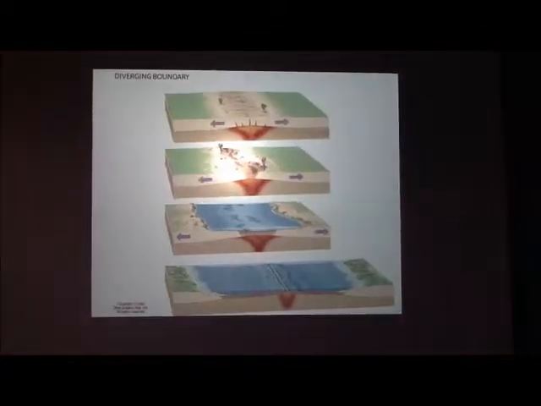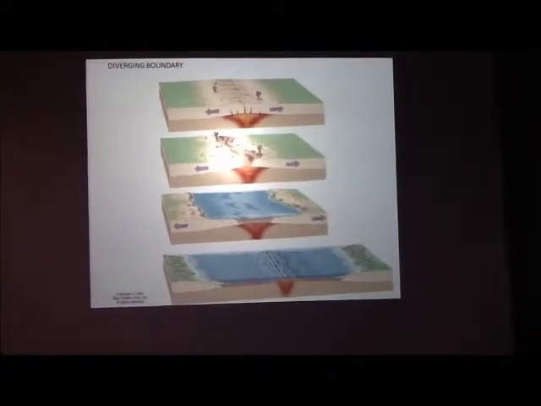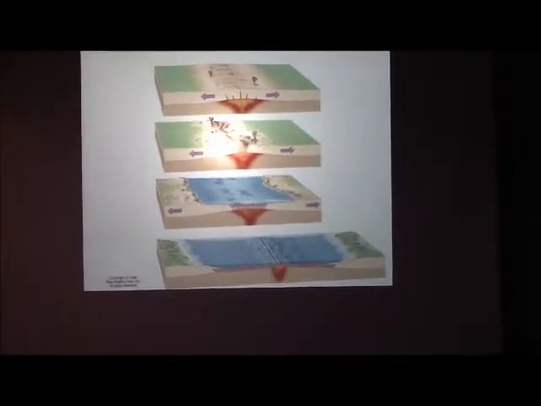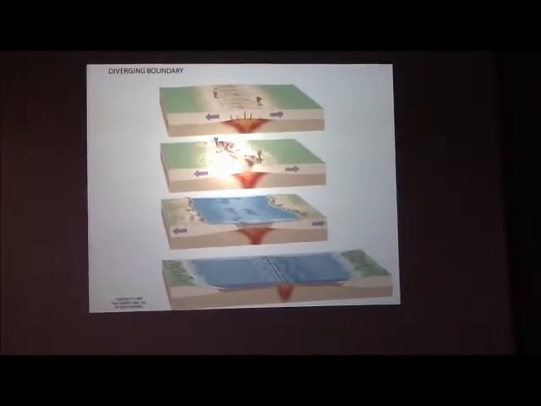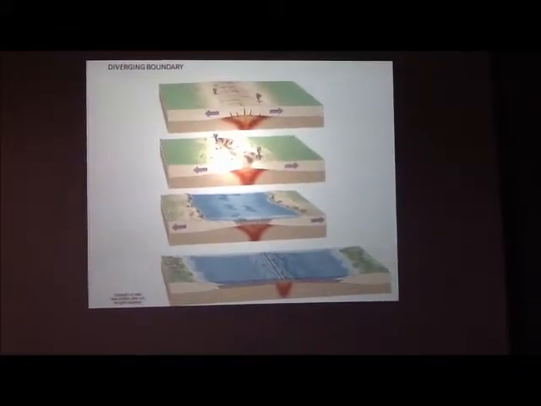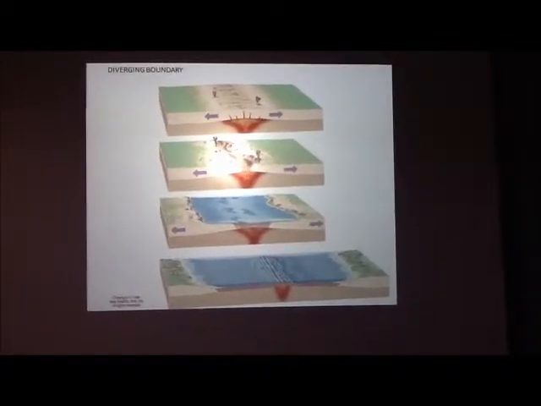The next one would be a constructive diverging plate boundary. Again, we've got examples of this as mid-ocean ridges, and these can create land 4,000 metres above the ocean floor. And these move due to convection currents, causing the two oceanic plates to diverge.